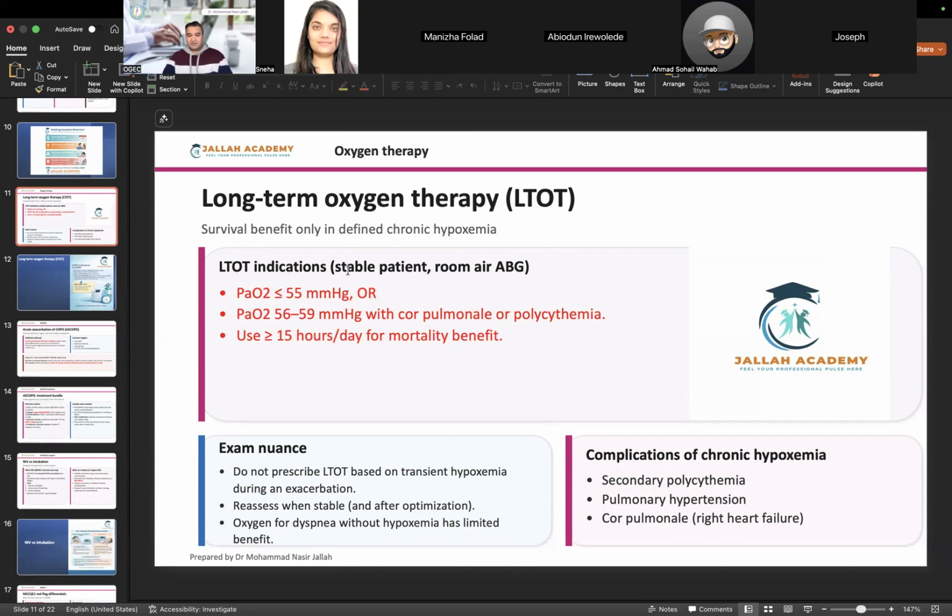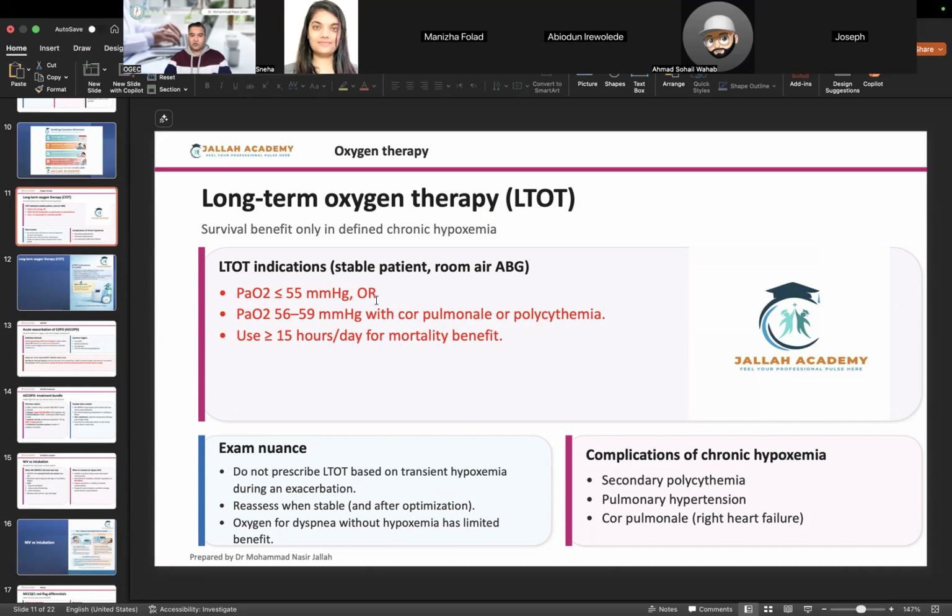So for long-term oxygen therapy or home oxygen therapy, the PaO2 is supposed to be less than 55. If it is less than 55, you have to start it. But it can be more than that, like 56 to 59. You still can start it if the patient has cor pulmonale and polycythemia.